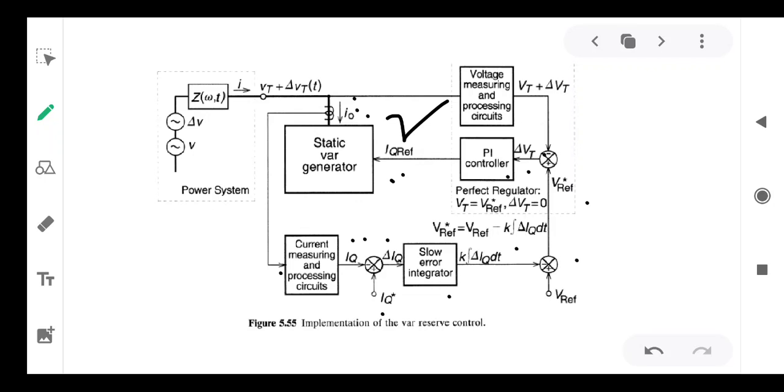When a disturbance occurs, IQ changes to a different value. So therefore the IQ reference is taken as IC1.